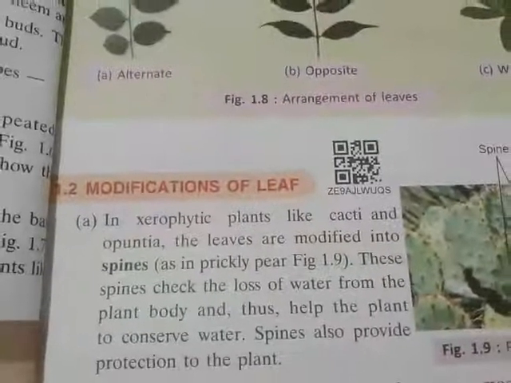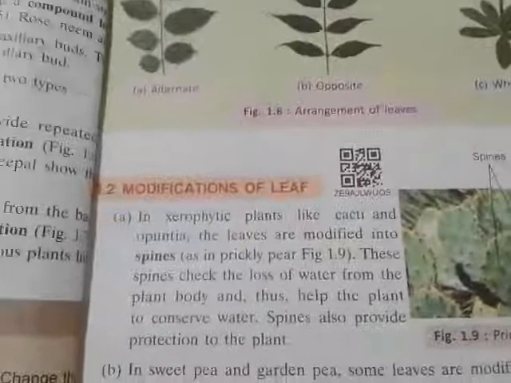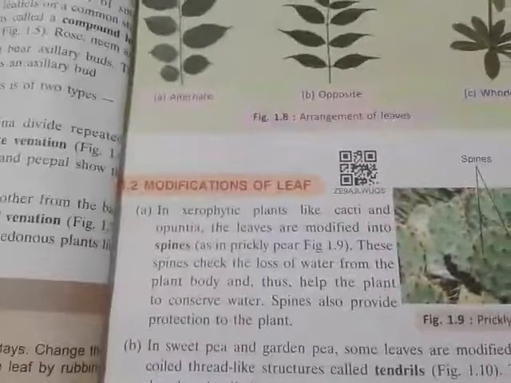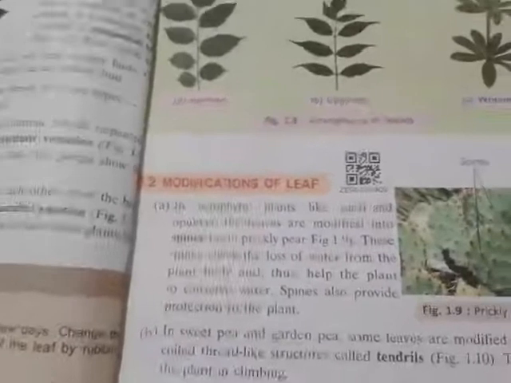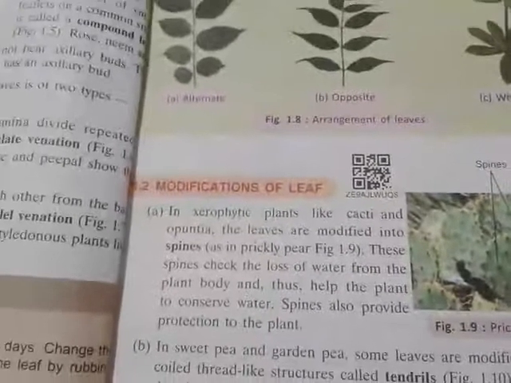So at the beginning of this topic we learned one terminology, that is the modification of leaf. At that time we learned that modification of leaf is required for the protection of the plants as well as the production of food.